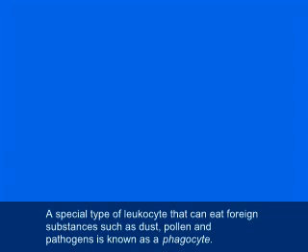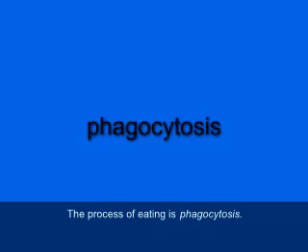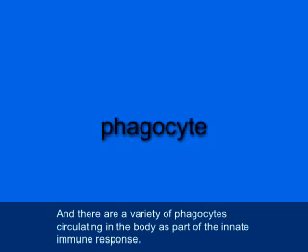A special type of leukocyte that can eat foreign substances such as dust, pollen, and pathogens is known as a phagocyte. The process of eating is phagocytosis. And there are a variety of phagocytes circulating in the body as part of the innate immune response.